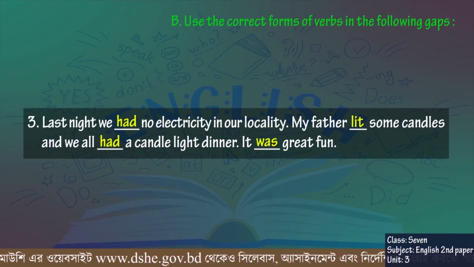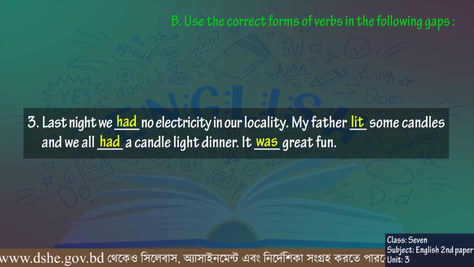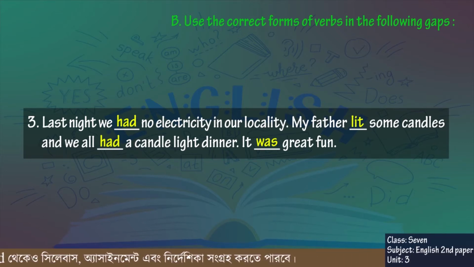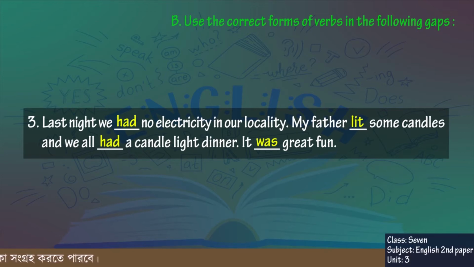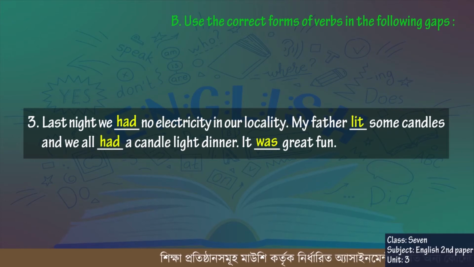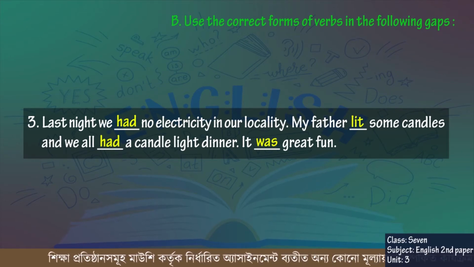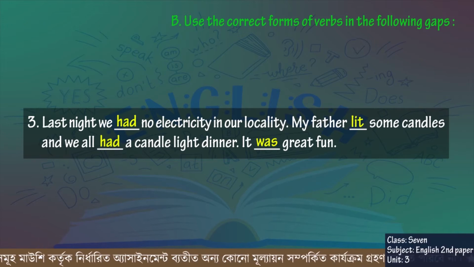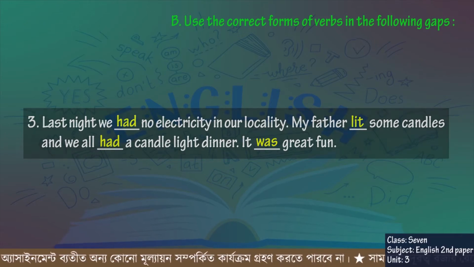Last night we had no electricity in our locality. My father lit some candles and we all had a candlelight dinner. It was great fun. Again, all the verbs used in these sentences are in their past form because all these sentences are actually referring to a past time. And that is why we used the past form of the verbs in the gaps.